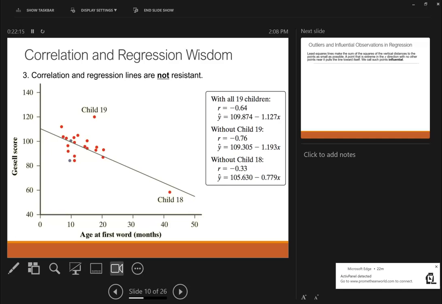And you do that for every single data point and compute the area of all those squares. And what you want to do is move your line of best fit around so that all those areas are minimized.